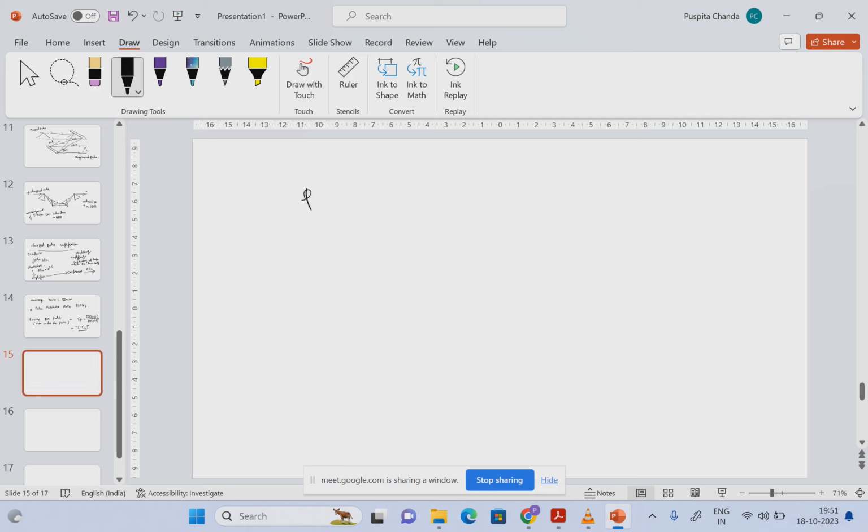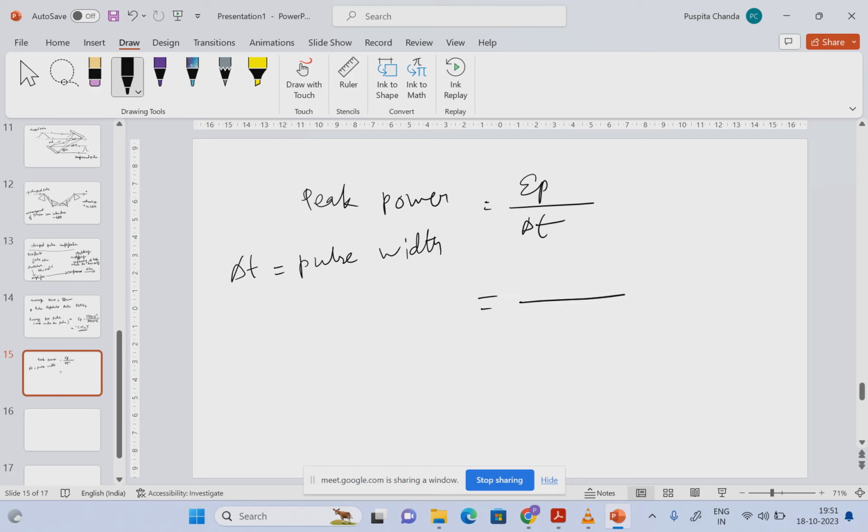So this is energy per pulse. Now peak power, which is E by delta T. Okay, so delta T is pulse width, where pulse width is 50 femtosecond.